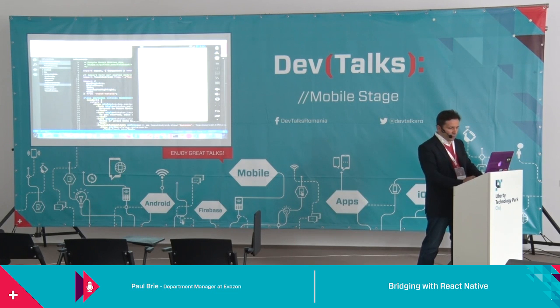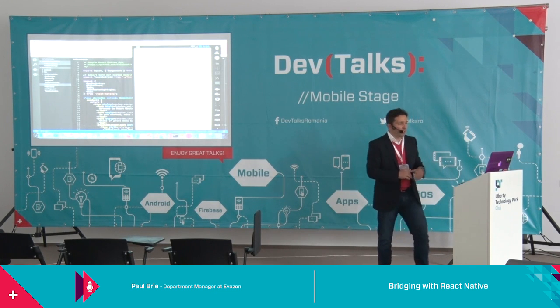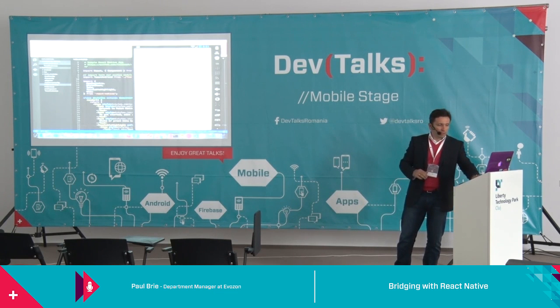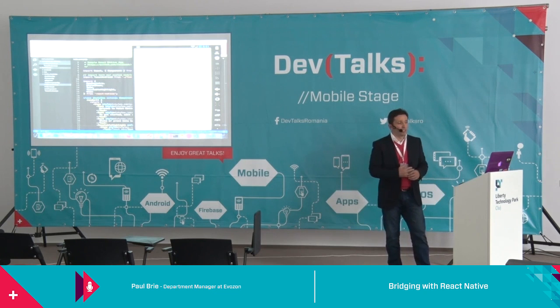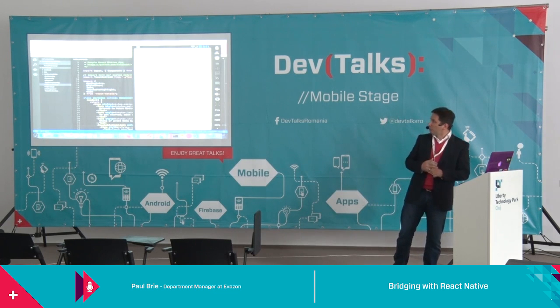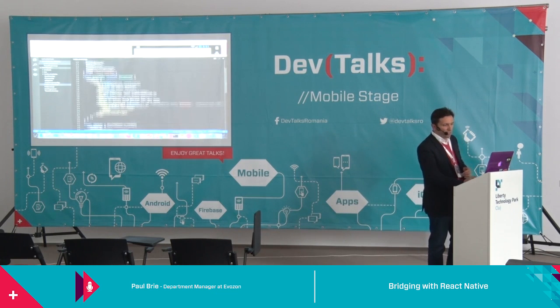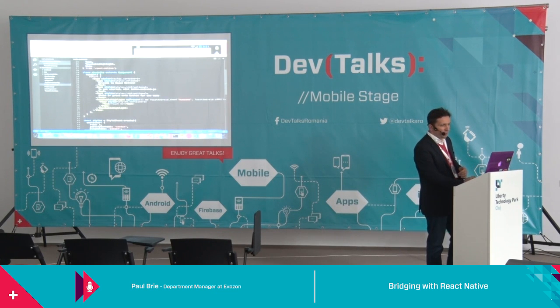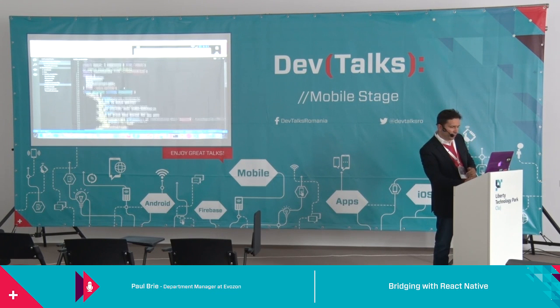Okay. So here I have a Genymotion emulator. It's an emulator that emulates Android applications. I took the default application that React proposes when you init a new project. As you can see, there's not a lot of code. Basically, the code is what you can see here. I don't know, maybe I'll make it bigger if I can.